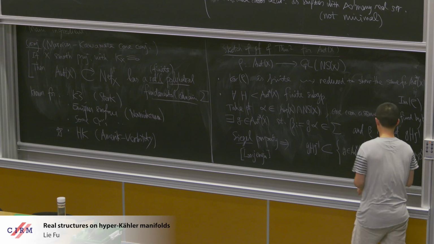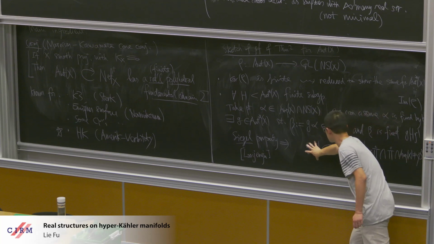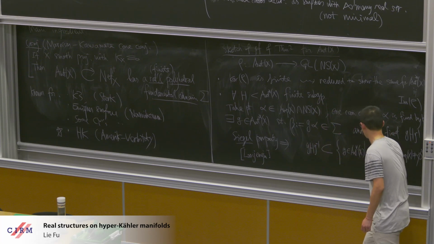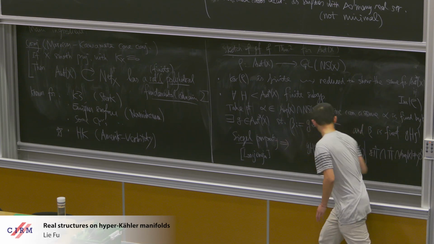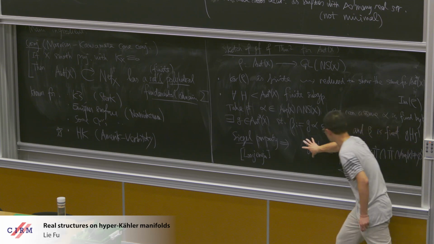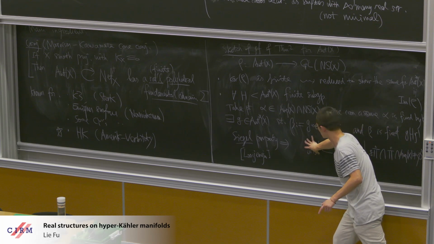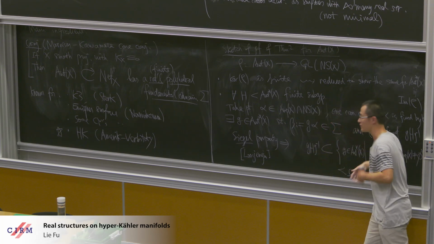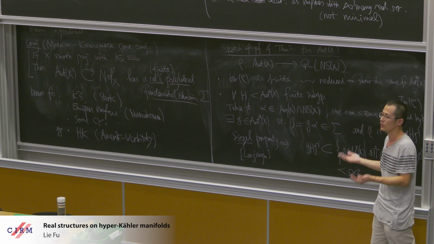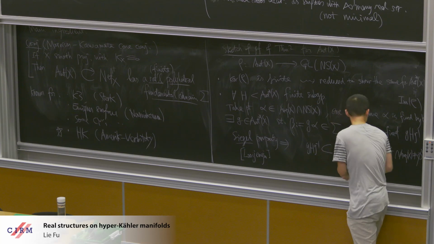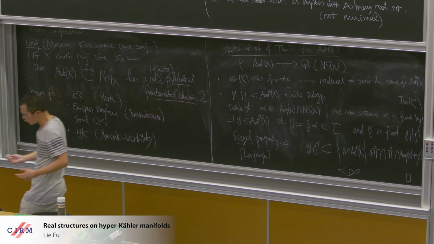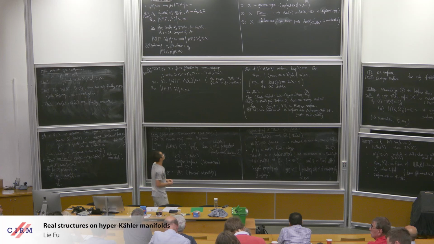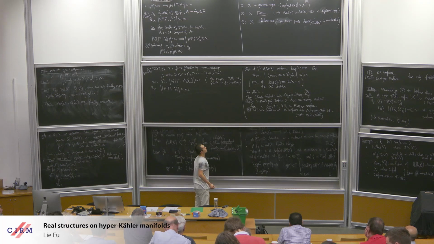Obviously, by this argument, this set is inside this set, but this set is finite. The Siegel property says that this set is finite. So after conjugation, this subgroup is inside a finite set. So there are only finitely many choices. So H is finite. Up to conjugation, there are only finitely many choices for such kind of H.